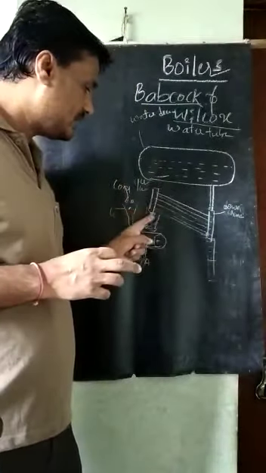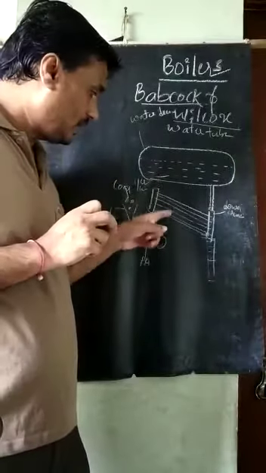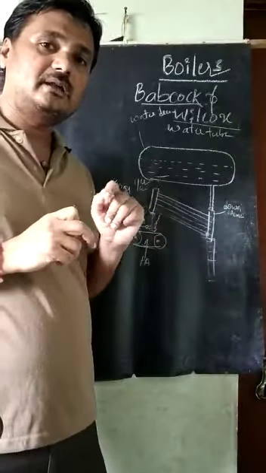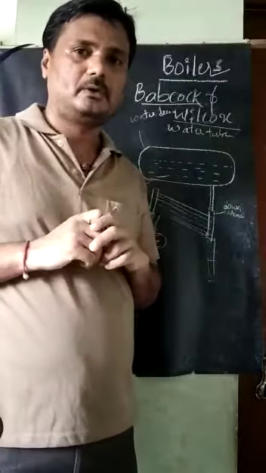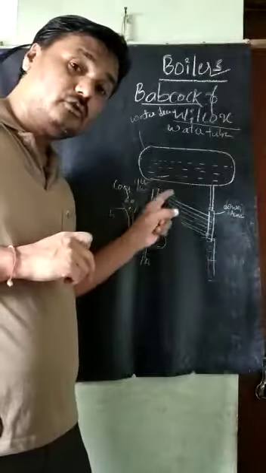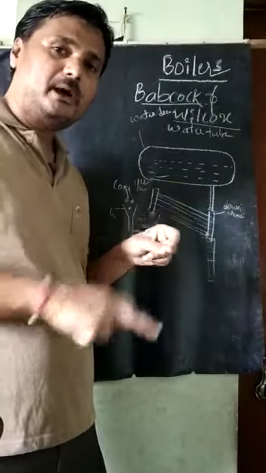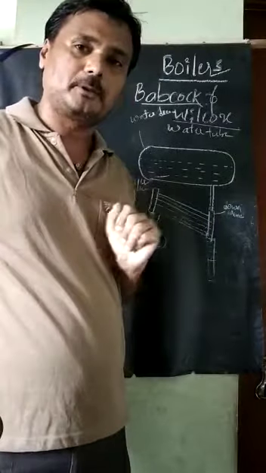Where is the higher temperature? The flue gases have a higher temperature. The water inside the tube has a lower temperature. So definitely the heat will be transferred through the tube material to the water by the phenomenon of heat transfer.